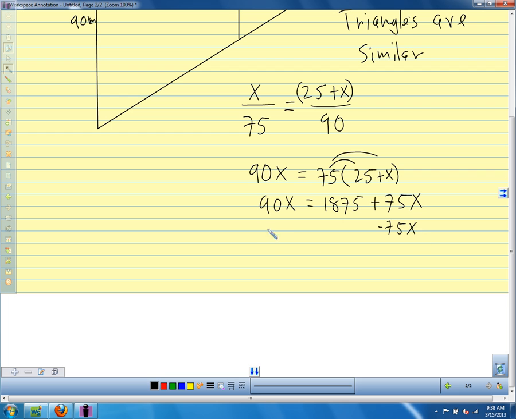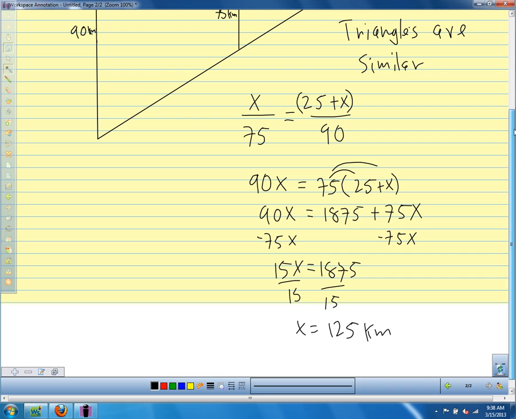We subtract 75x and we get 15x equals 1875. Divide by 15 and x finally equals 125 kilometers. So it's 125 kilometers across that lake.